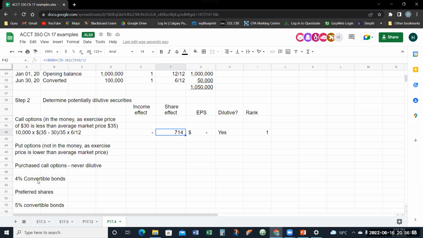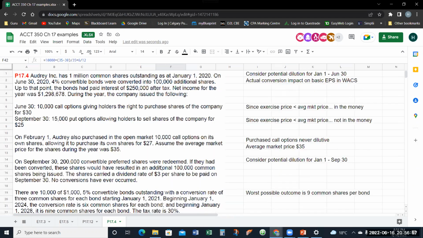Now, what about my 4% convertible bonds? If I look at the 4% convertible bonds, they were potentially convertible for half a year, right? So potential dilution half a year. They were converted into 100,000 shares for the year.